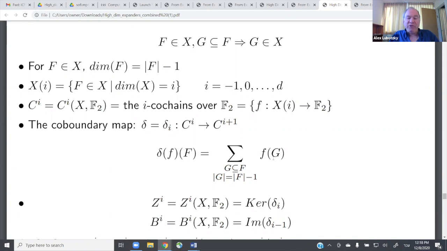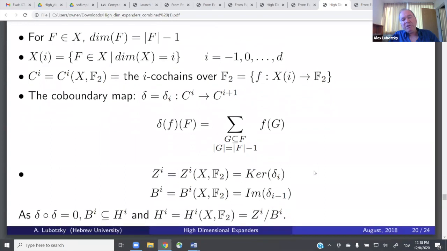Right? f is defined on the i-cells. Delta f is defined on the i plus 1 cells because X is a simplicial complex. Every face of it is indeed a simplex, is indeed a face of our simplicial complex, and we have it.